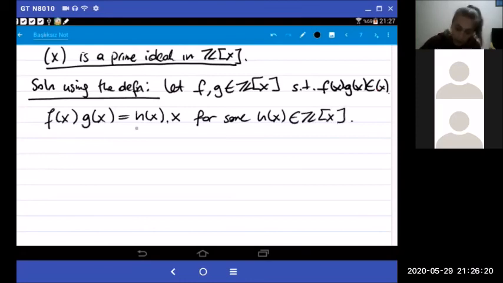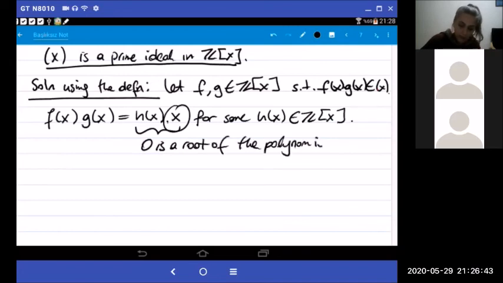Now, look at the right-hand side of the equality. You have the multiple x here. And this means that you can say 0 is the root of this polynomial, h of x times x. So since we have the equality, 0 has to be the root of the left-hand side.